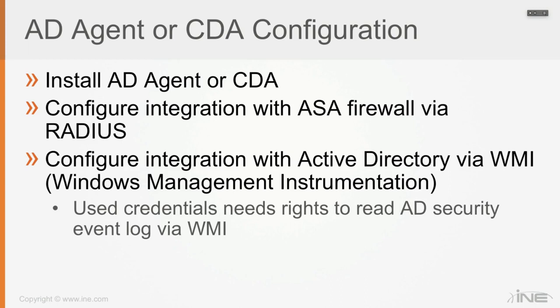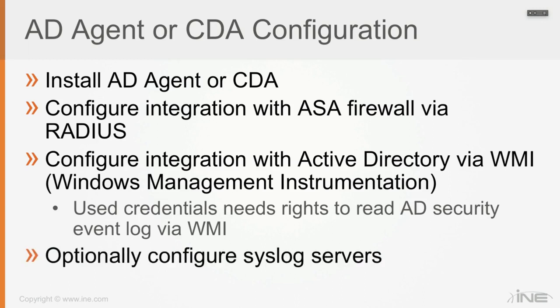When you do this integration, likewise, the username used to read the security logs from the domain controller needs rights to read those logs only via WMI. Cisco recommends, of course, this user also be a member of the domain admins. It doesn't have to be, but if you use a domain admin, it is going to work. Optionally, you can configure syslog servers, so that whatever is wrong on the AD agent or CDA agent is also sent out to a syslog server.